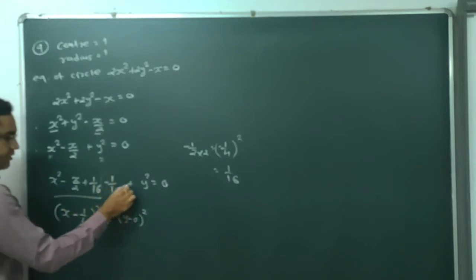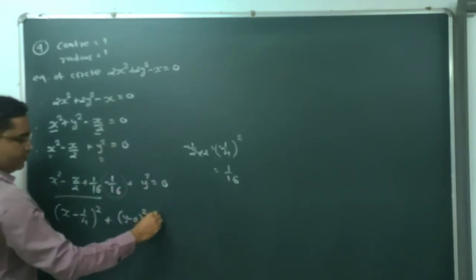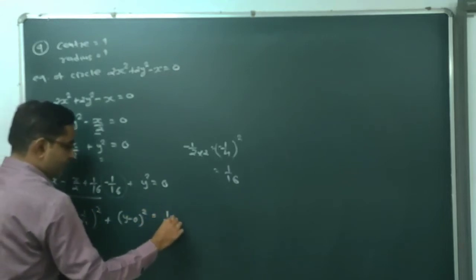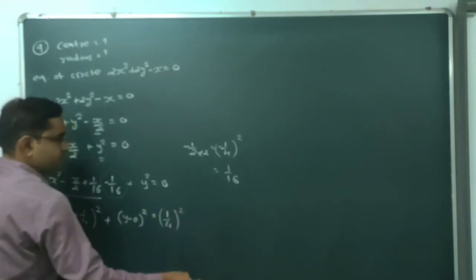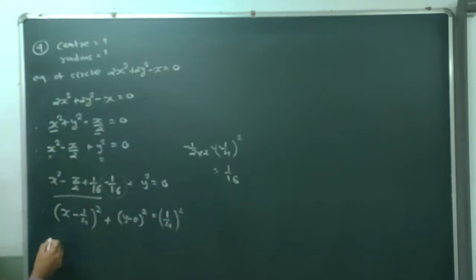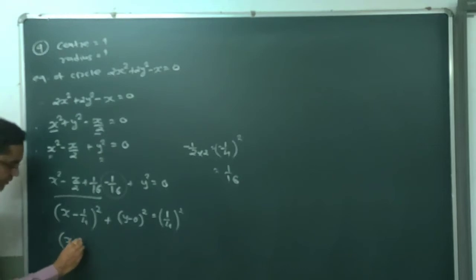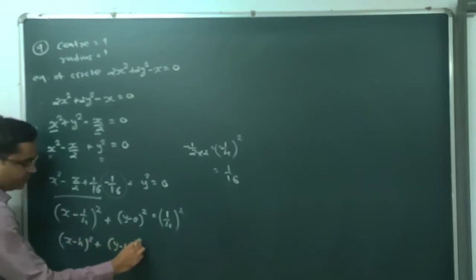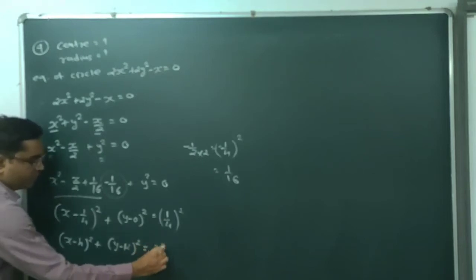Taking the minus 1 by 16 to the right hand side, it's plus 1 by 16, and 1 by 16 is the square of 1 by 4. Done. So this is the equation equivalent to our standard equation of circle with center (h, k) and radius r. Compare this equation with (x minus h) whole square plus (y minus k) whole square equal to r square.